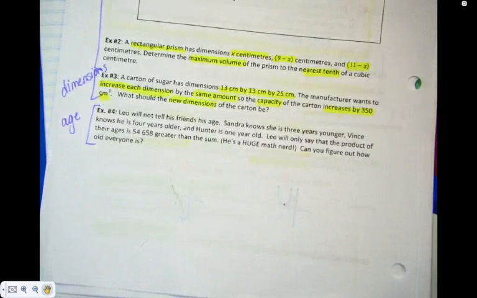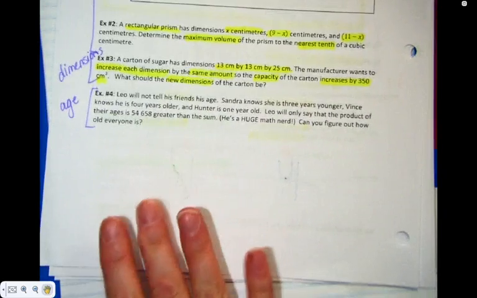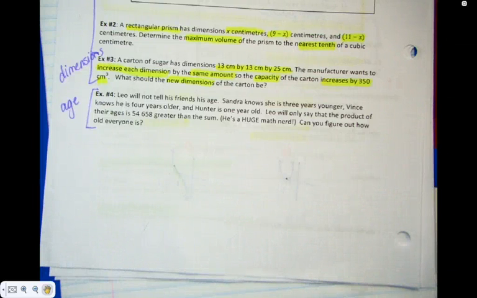Last example, read to read. This is the stupidest question I have ever read.